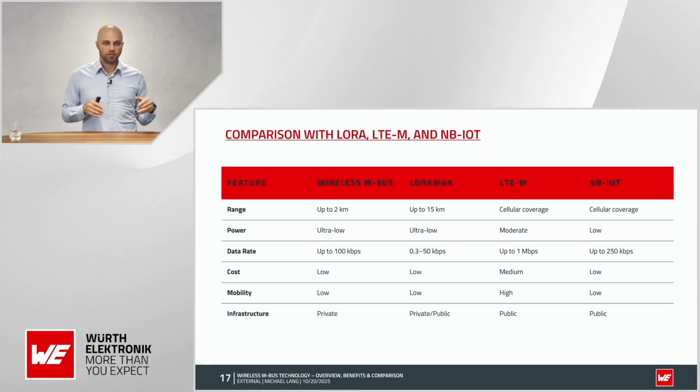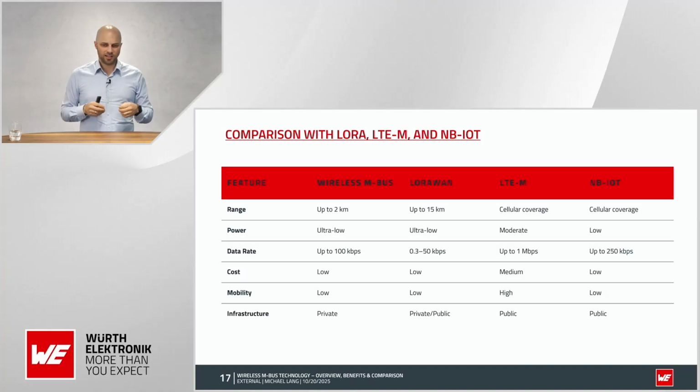If I have 5 devices, it's one thing. If I have 5,000 or 50,000 devices, it's another point. And of course, the cellular and the non-cellular solutions have different ideas behind them. So wireless M-Bus and also LoRaWAN both have the idea: I place a gateway where I need it, and there I can collect data.